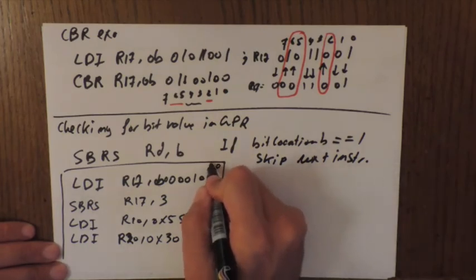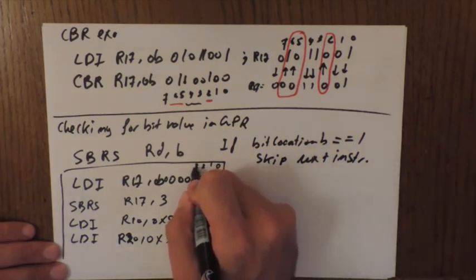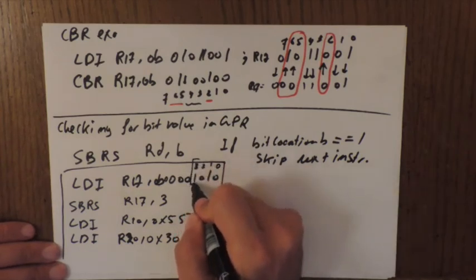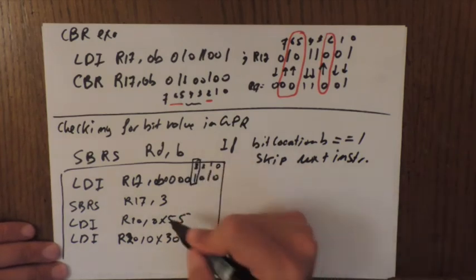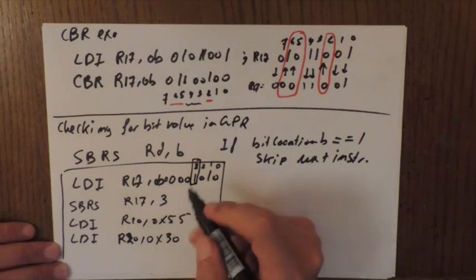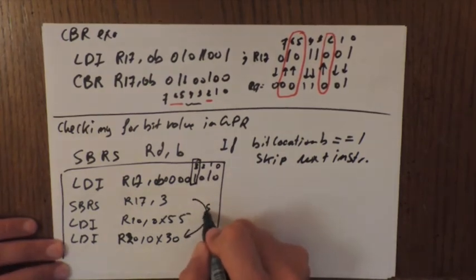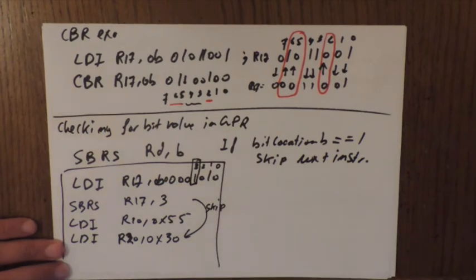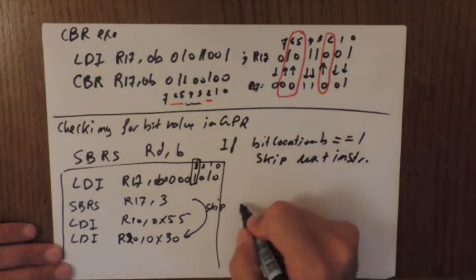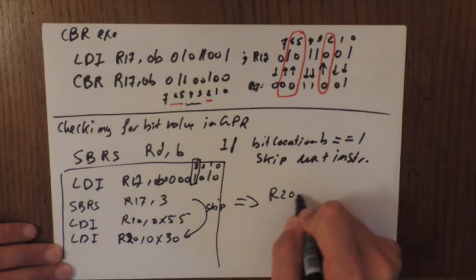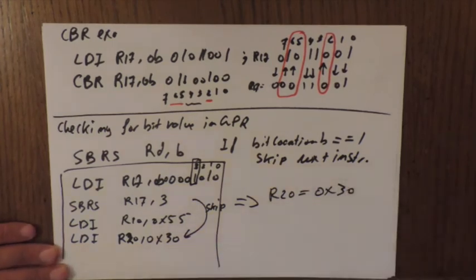This is 0, this is 1, this is 2, this is 3. This is the bit location I'm looking for. Is it 1? Yes, it is 1. So I'm going to skip it, the same way as SBIS. This means R20 will be loaded with 0x30 and not 20. So SBRS checks if a bit is equal to 1 and skips accordingly.